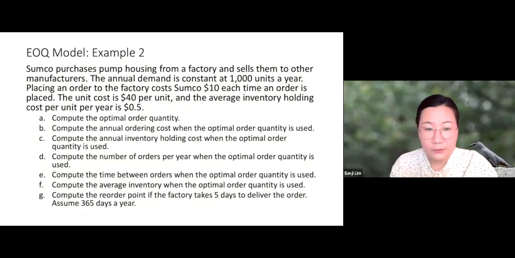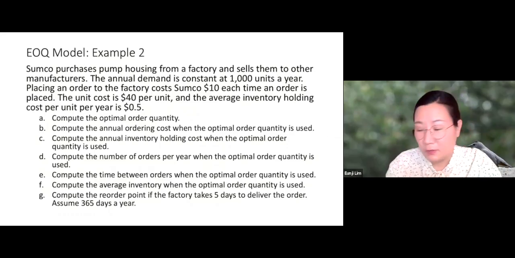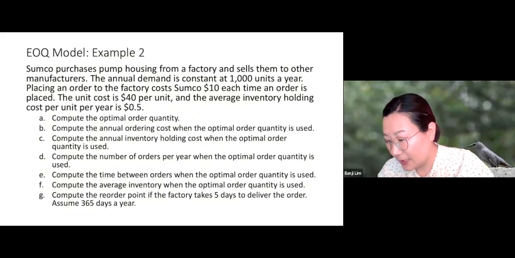Okay. So now let's try another example. Sumco purchases pump housing from a factory and sells them to other manufacturers. The annual demand is constant at 1,000 units a year. Placing an order to the factory costs Sumco $10 each time an order is placed.